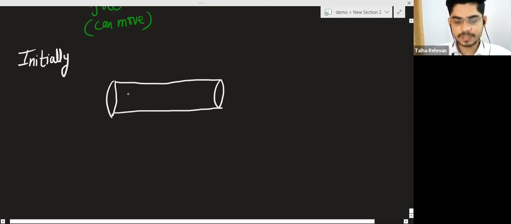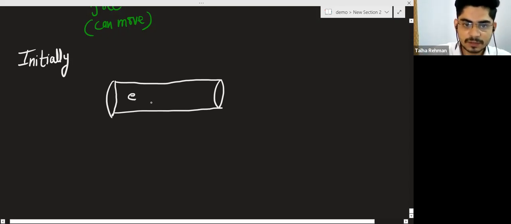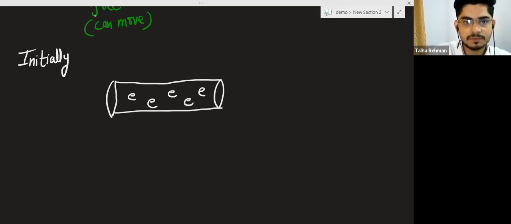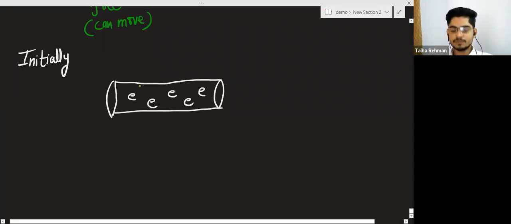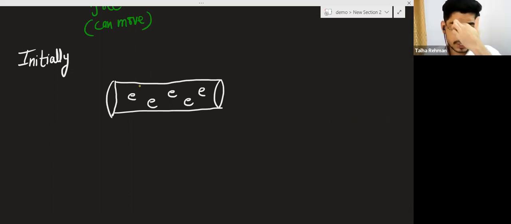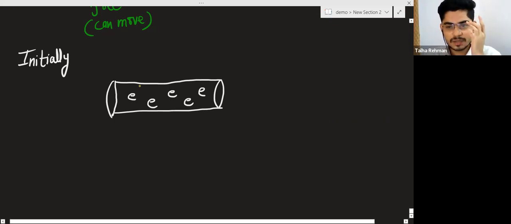So here we know there are electrons, but these electrons have a different story. These electrons have random motions. Random motion means the direction is very random. Suppose this electron is going in this direction, another electron going in this, very random.